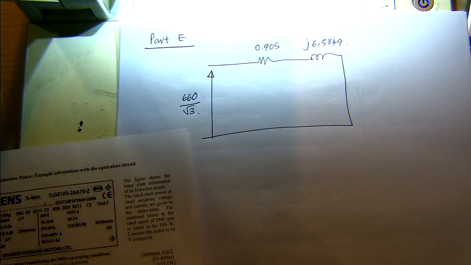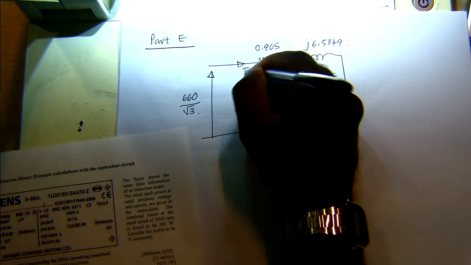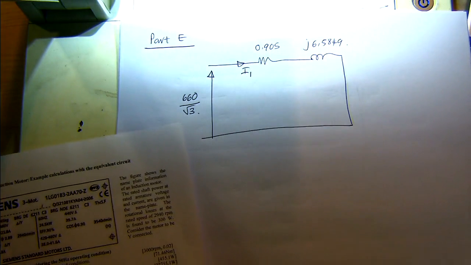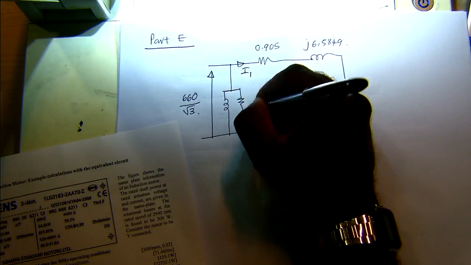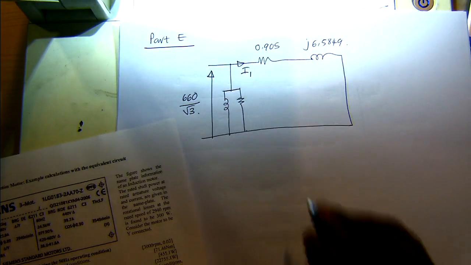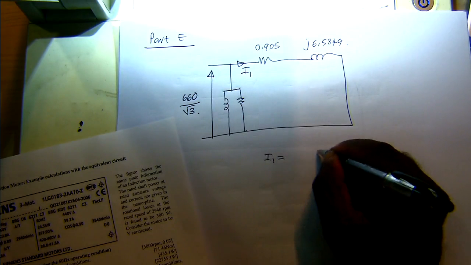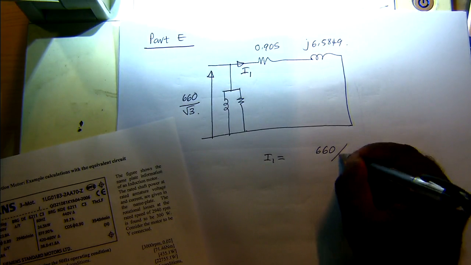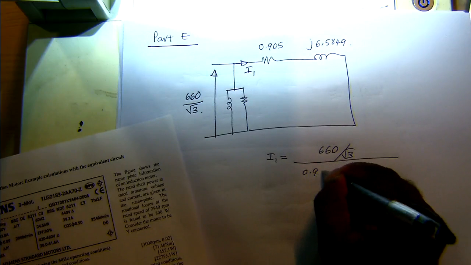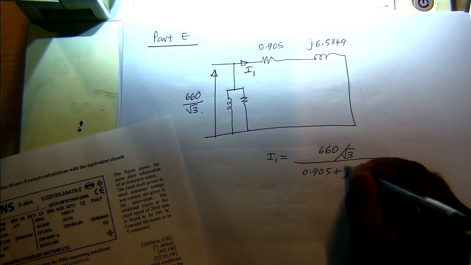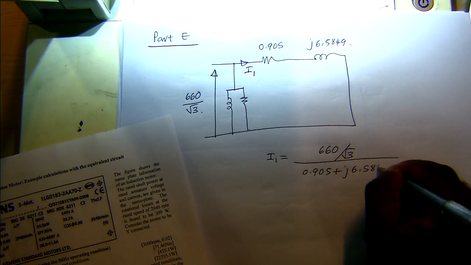So here, the current I1 will be 660 over root 3 divided by 0.905 plus j 6.5849.